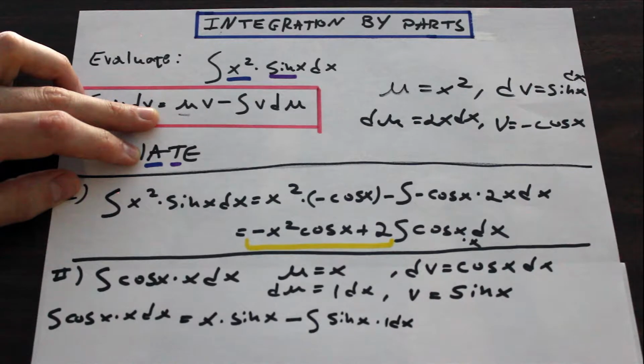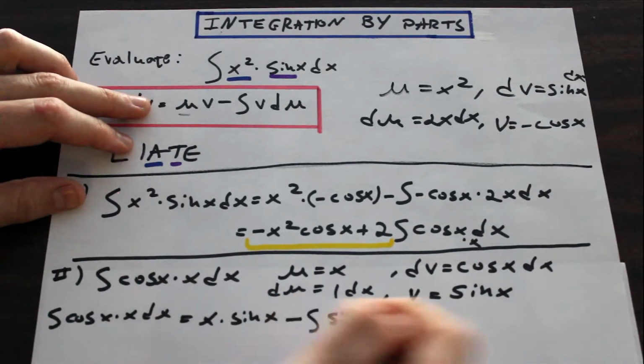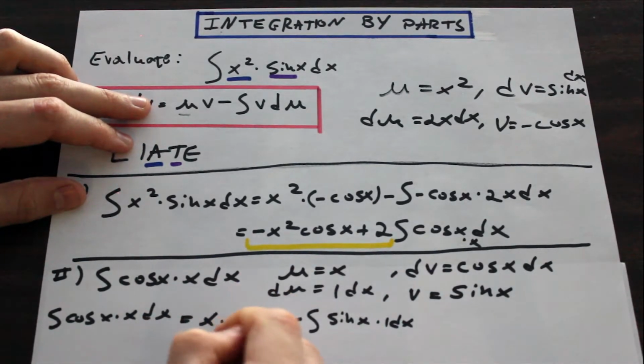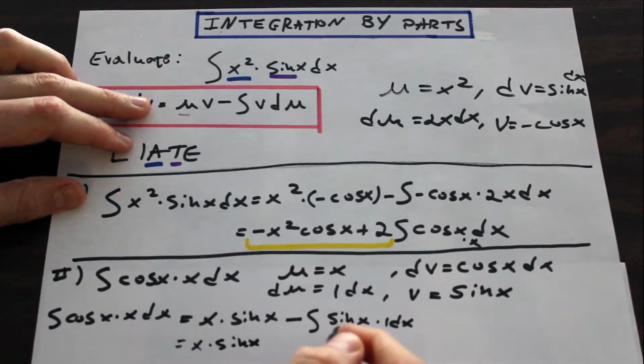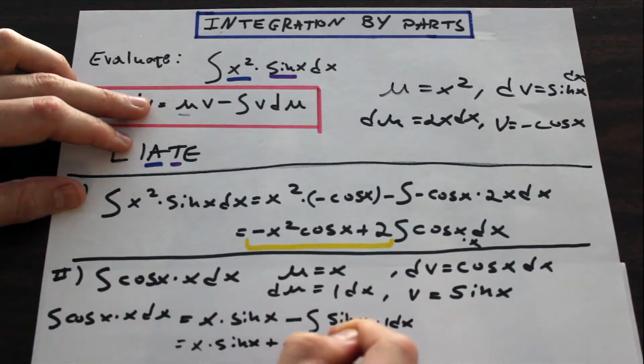Now notice that we have a new integral that we need to solve, but this is an integral that we solved before, so we know how to handle that. We know that the integral of sine x is just negative cos x, which will give us a positive cos x plus c.